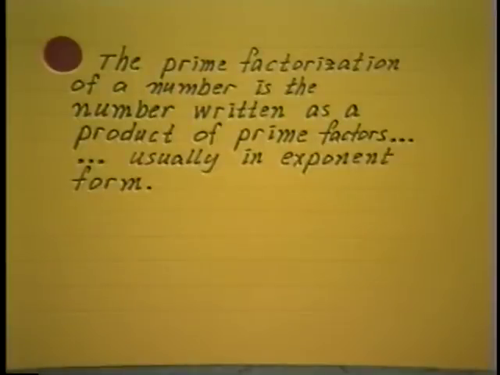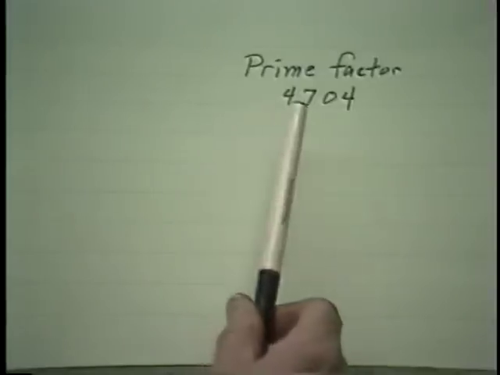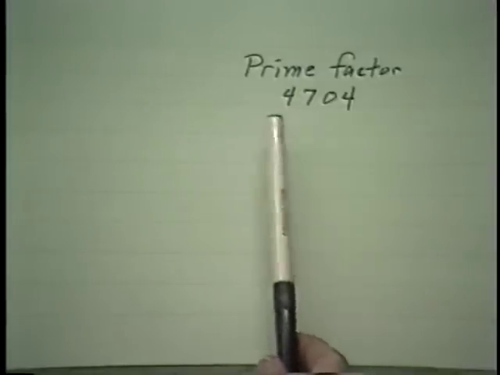Let's state that formally. The prime factorization of a number is the number written as a product of prime factors, usually in exponent form.